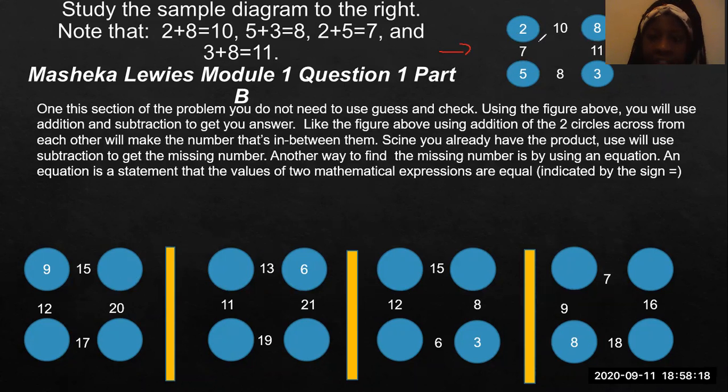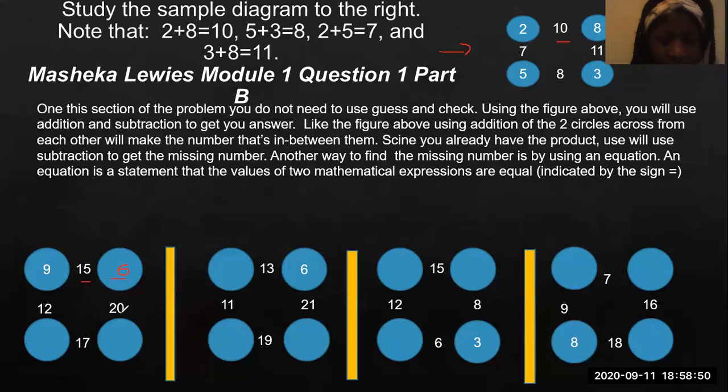Like the solution, we know 2 plus 8 is 10, which equals the number in the middle. So 9 plus whatever this number is will equal 15. To solve this is simply to add and subtract. So 15 minus 9 is 6.